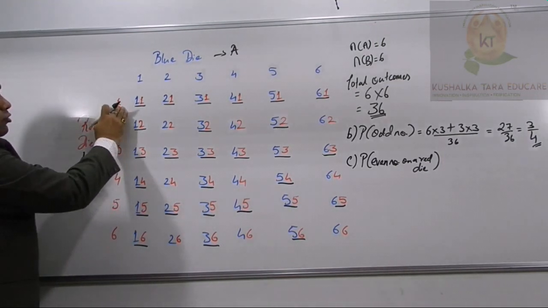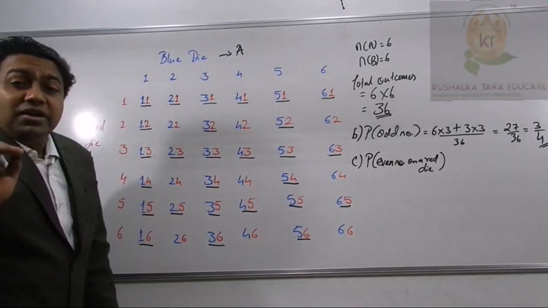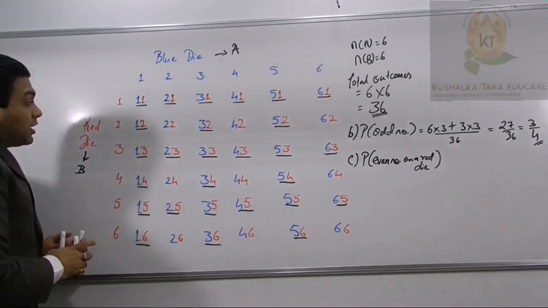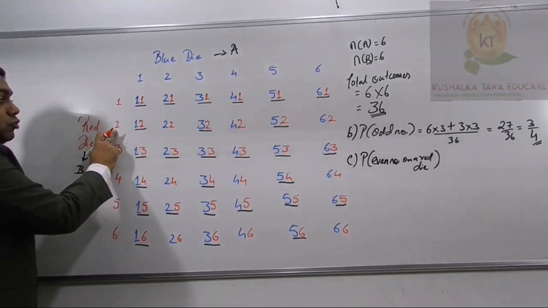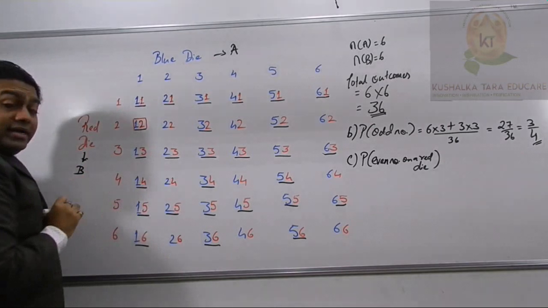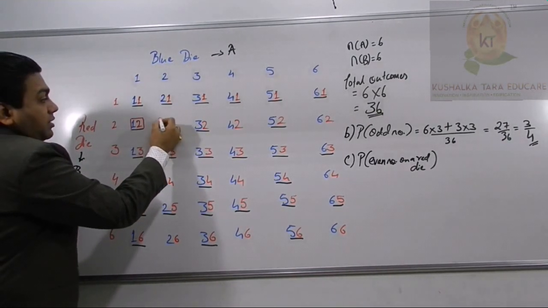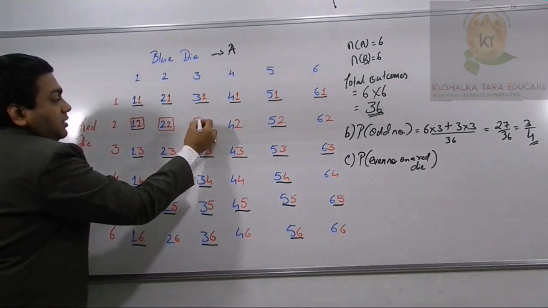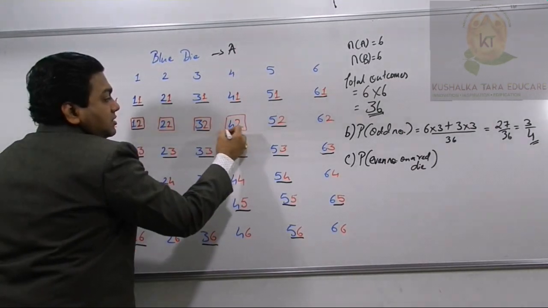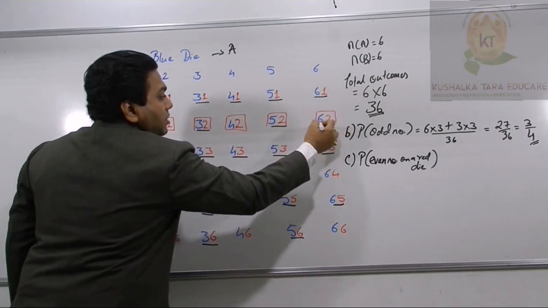I'm not at all going to look at 1, 3 and 5 options over here, because I need an even number on a red die. What are those combinations? So with 2 I can get this as the combination, right? Finding the probability of even number on a red die. So here this is again a combination, this is again a combination, this is again a combination giving me even numbers on a red die.